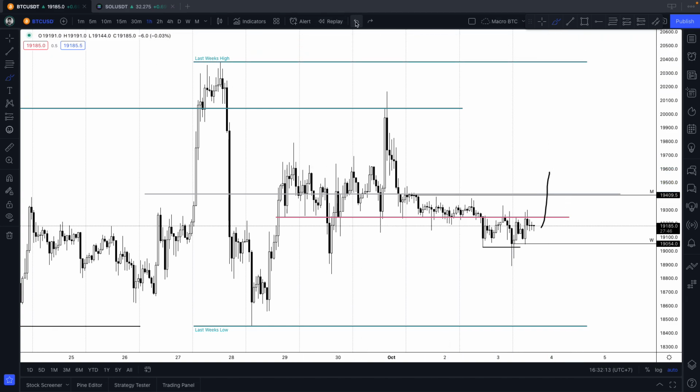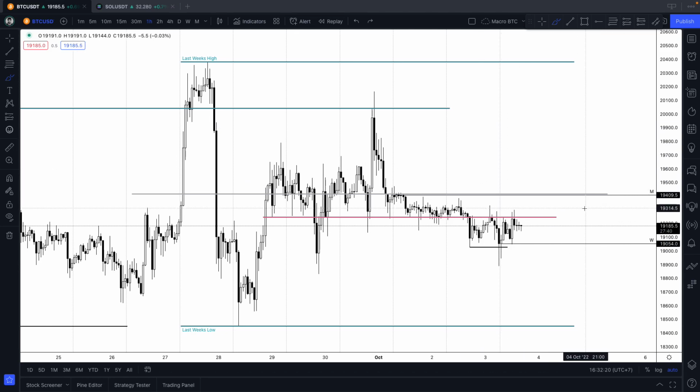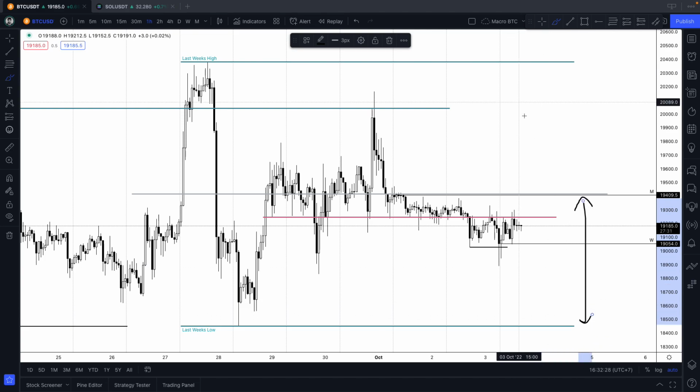Now, just want to go back to the mid-range. That is important because what we use it for is to isolate price into an area of targets. We know from our stats and our data, and you can go back test this, you can go and look at the weekly candles, we take out the previous high of the week or the previous low of the week 80 to 86% of the time.